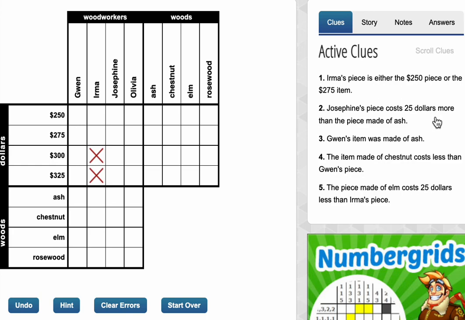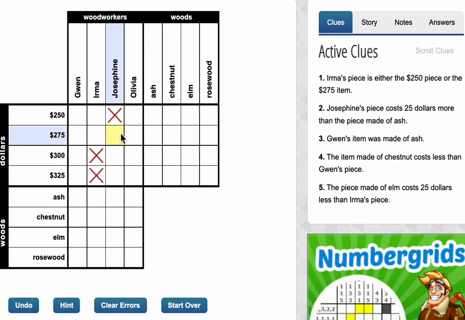Josephine's piece cost $25 more than the piece made out of ash. Every one of these puzzles is going to have a clue like this. One piece is more than the other. Like Tommy drove 500 miles more than Jimmy, things like that. This is an important clue because it's telling me that Josephine's piece can't be the cheapest one because it's more than something else. So I can eliminate the cheapest price for Josephine.